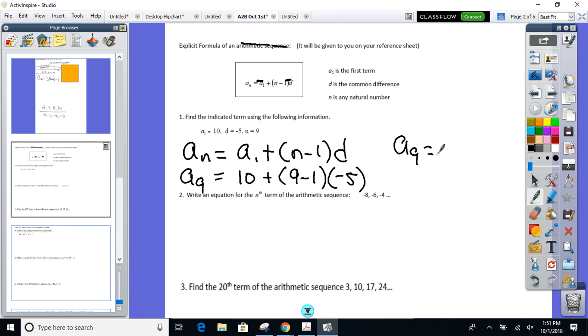And the 9th term of this sequence? 13? Oh boy. How about -30? We all right?